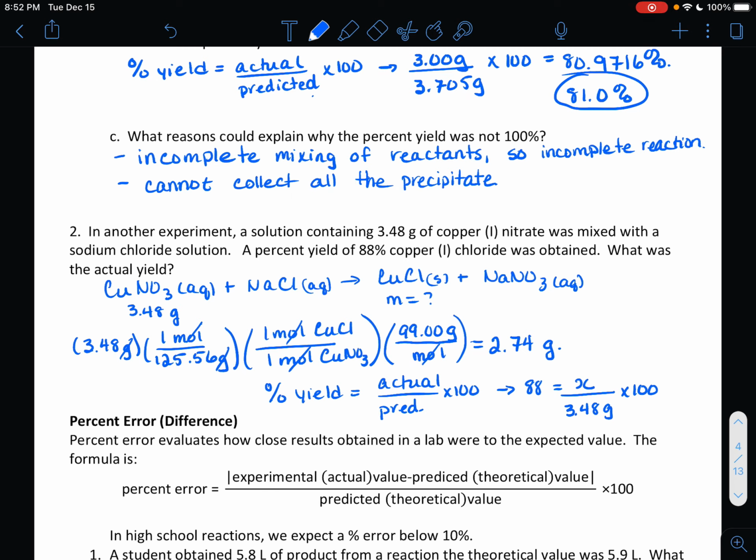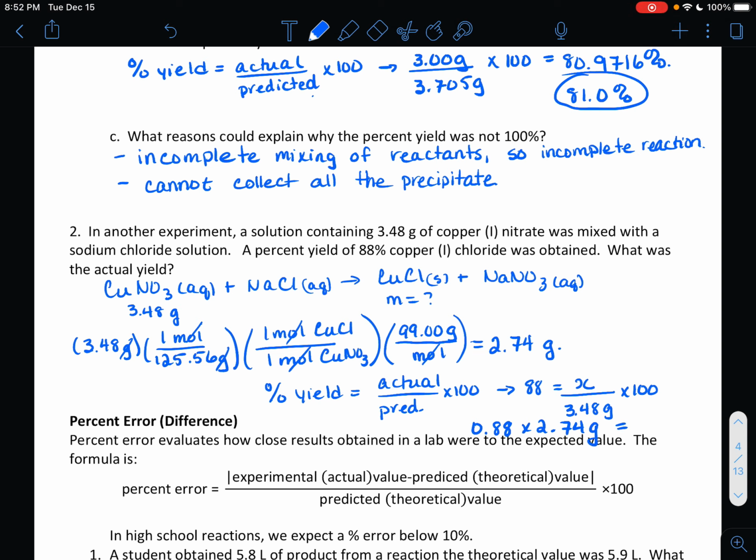But there's actually a much easier way of doing this, and that's basically using the percent for what it is, the percent of the whole that you got. So you know that the actual amount was 88% of the theoretical. So the other way that you could have solved this is changing your 88% to a decimal, 0.88, so divide it by 100, and then multiply it by your theoretical.